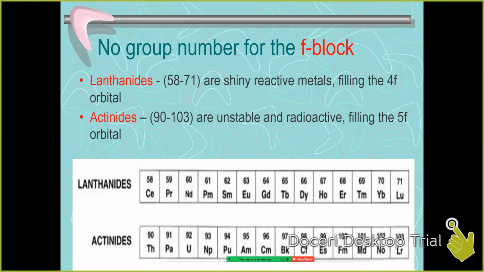The first line is called the lanthanides, shiny reactive metals, and these are F block metals. And then the next one, actinides, are where we see the radioactive elements. They're unstable. Uranium falls in there.